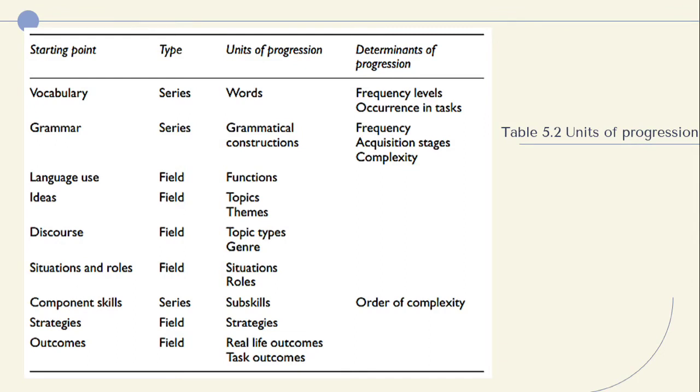Here Table 5.2 shows the units of progression for a range of starting points. Here the starting points vocabulary, grammar, and component skills belong to the progress in a definite series, while the others represent a field of knowledge.